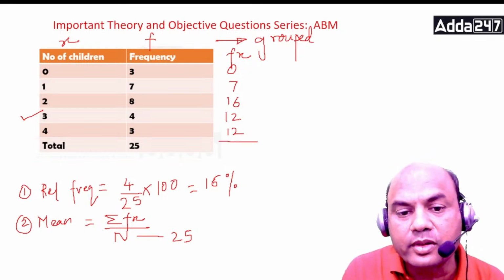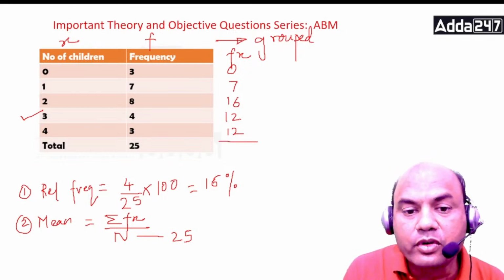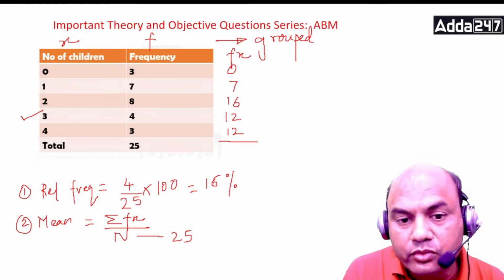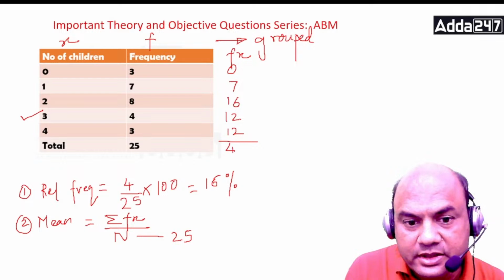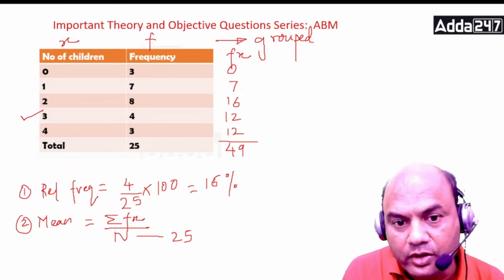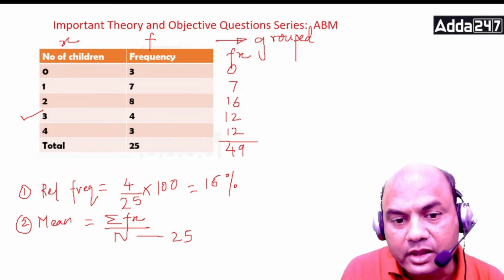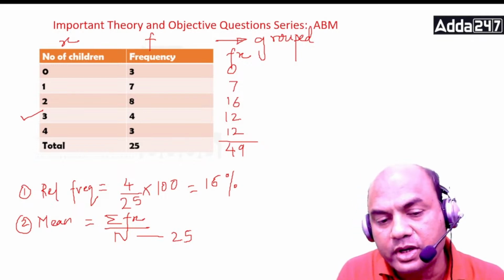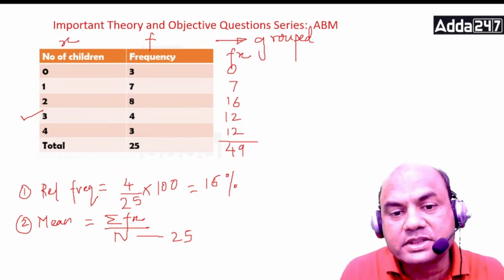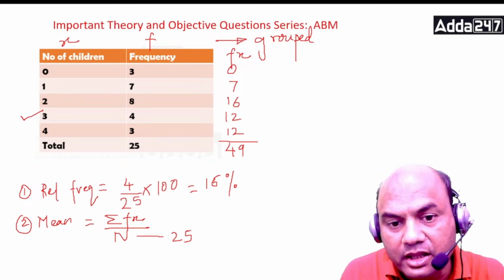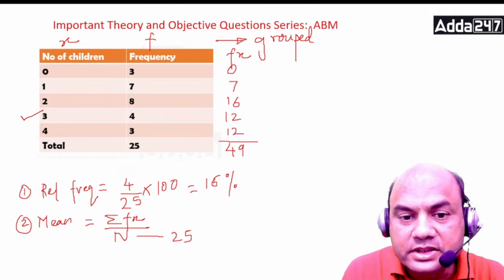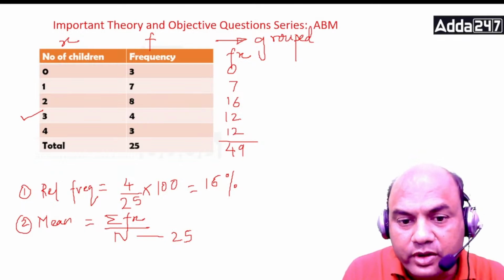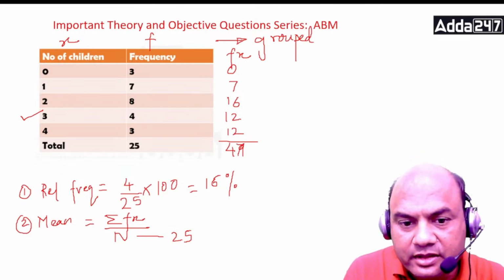What is the total? 12 plus 12, 24, 24 plus 6, 30, 30, 40, 47. Are you getting this correct or am I wrong? Everyone do the calculations.